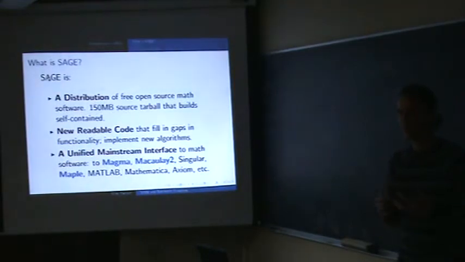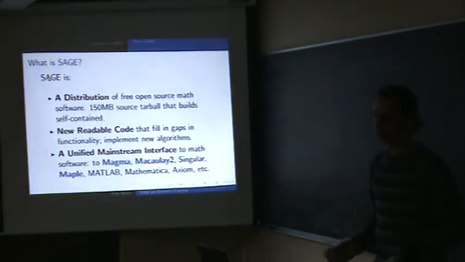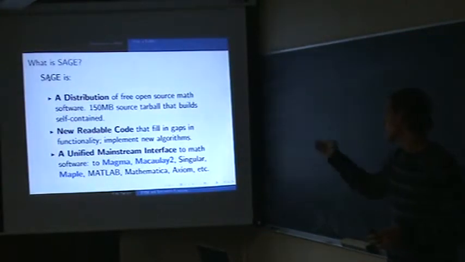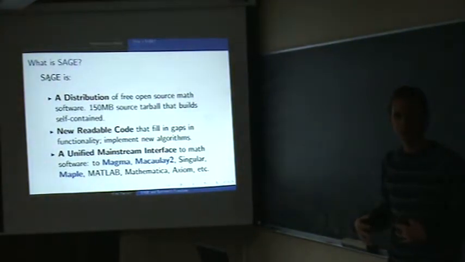If you can think of math software that you could use from a command line interface, there's a good chance that Sage has an interface for that. So if you have, say, Maple or Mathematica installed on your computer and you're running Sage, then you can use that as an engine in the background to do the computations, spit them back to Sage, and then manipulate them within Sage.